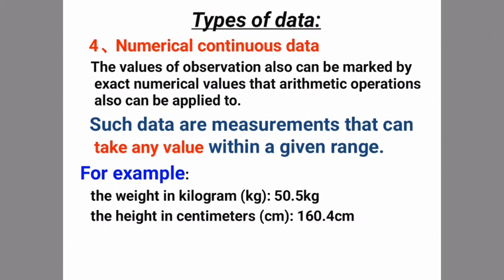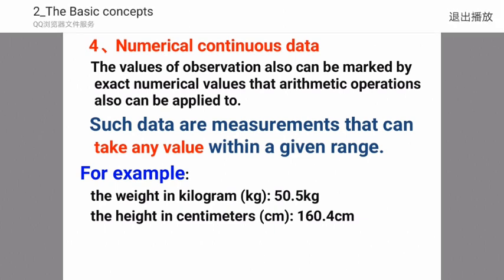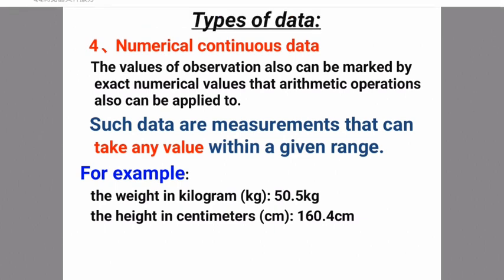For example, height and weight. The height value may be 162.46 centimeters. The weight value may be 62.19 kilograms. They all have decimals. Such data is numerical continuous data.